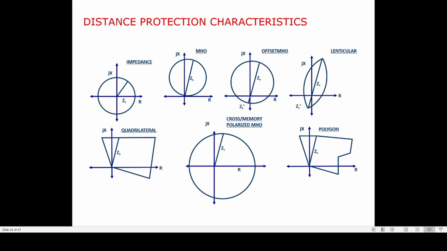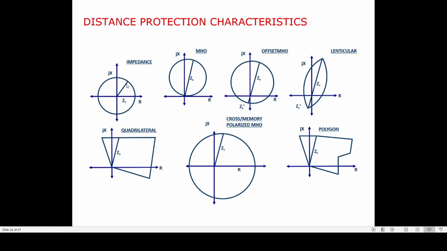In the impedance characteristic, a circle is drawn with a radius equal to the impedance of the transmission line. Now if a fault is anywhere inside this circle, then the relay will operate. And if you see this relay, one major disadvantage is that this relay is non-directional.